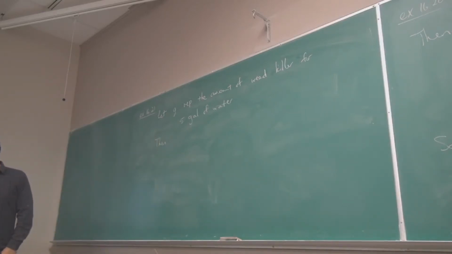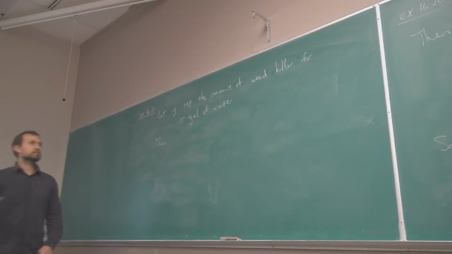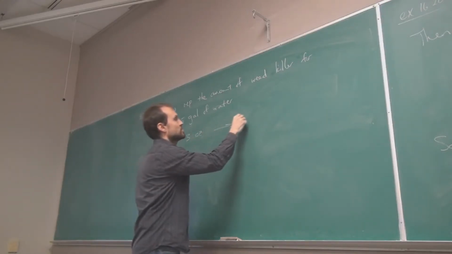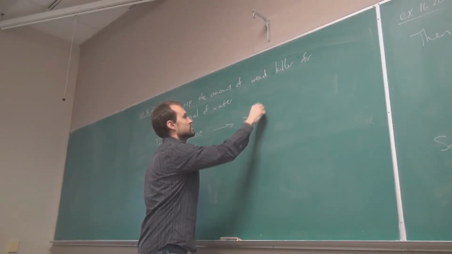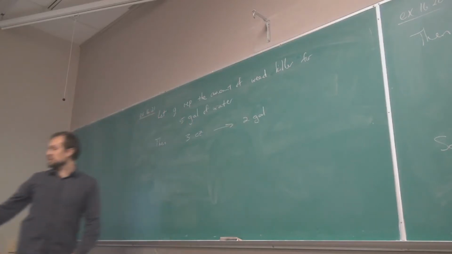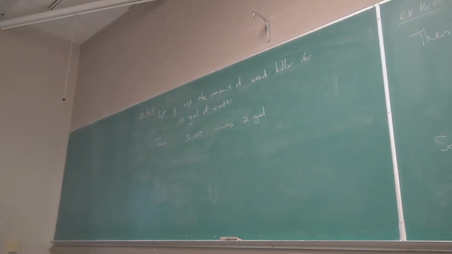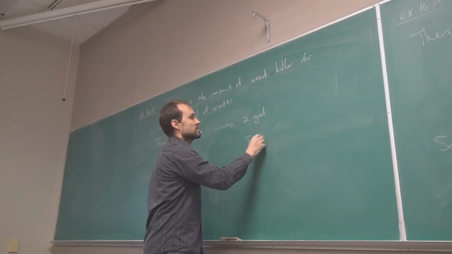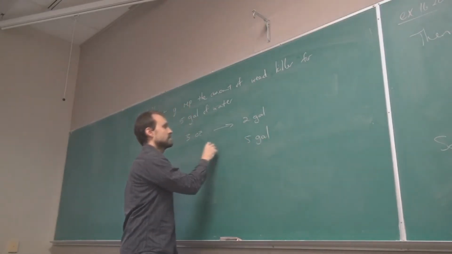Well, they say 3 ounces of weed killer go with 2 gallons of water. 3 ounces correspond to 2 gallons of water. You can be more descriptive there, but okay. 5 gallons of water, well, gallons of water will be on this side.